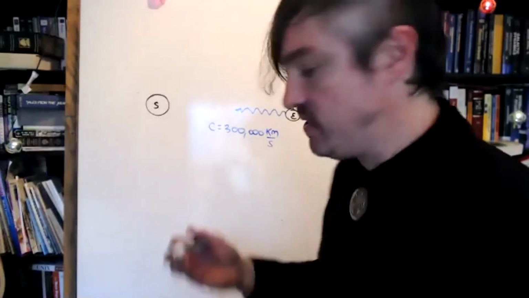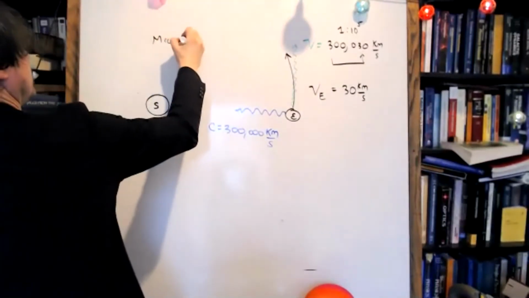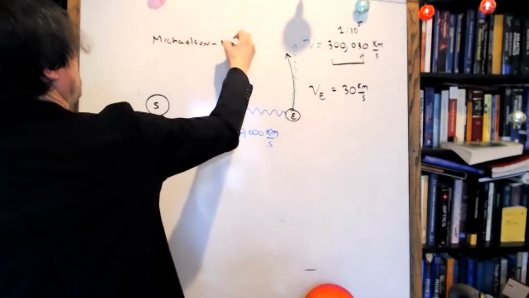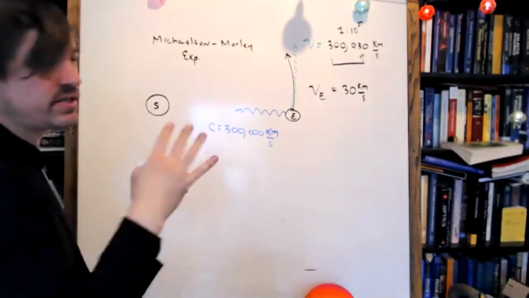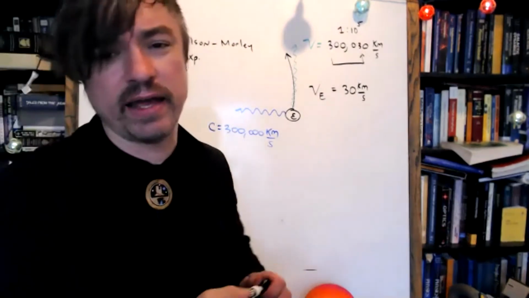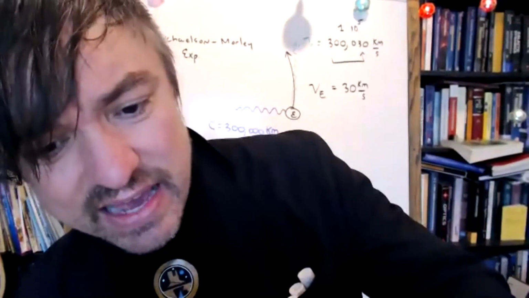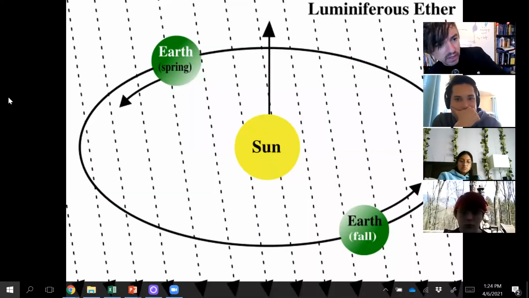And by the way, this famous experiment is known as the Michelson-Morley Experiment. And it was conducted shortly before Einstein's theory of relativity. It was like maybe 5 or 10 years before, 1887. I really should know the date of the Michelson-Morley experiment, and I'm forgetting it.